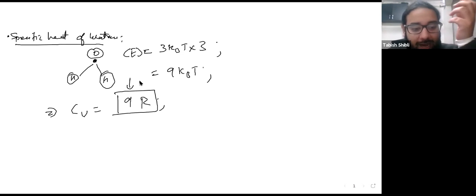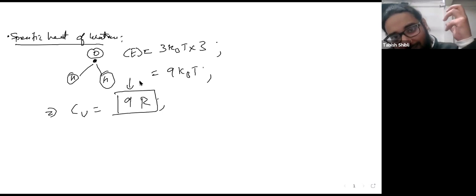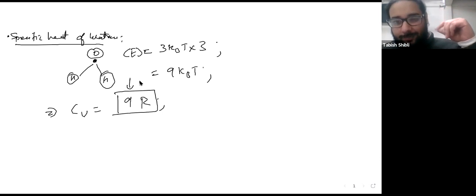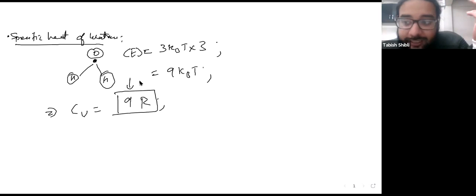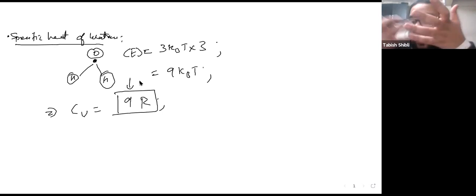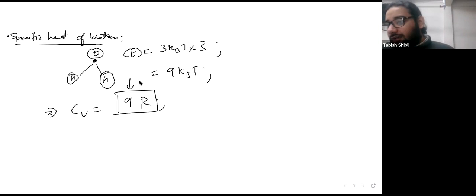And what does having a higher specific heat mean? It means that it can absorb a lot of heat without really increasing its temperature a lot. So that means you can use it as a coolant. आप उसको चीजों को ठंडा करने के लिए use कर सकते हो, because it's absorbing a lot more heat than any other thing you would use.